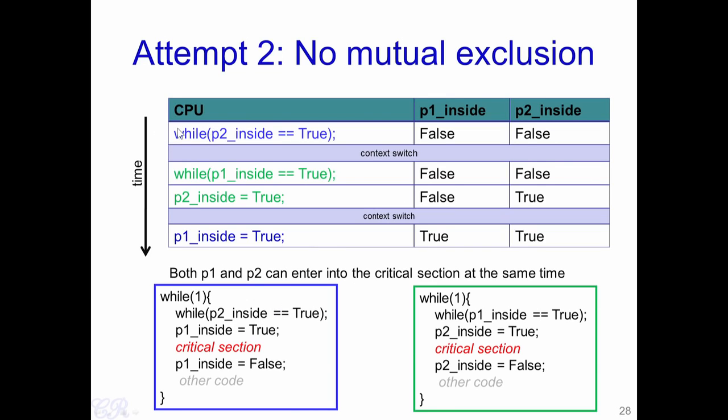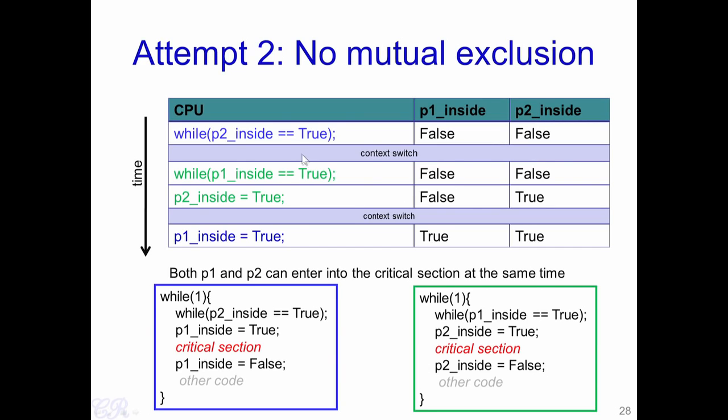So, this is how the CPU would execute instructions corresponding to the two processes, and we have several context switches that occur during the execution, and these are the status of the various flags as the execution progresses.